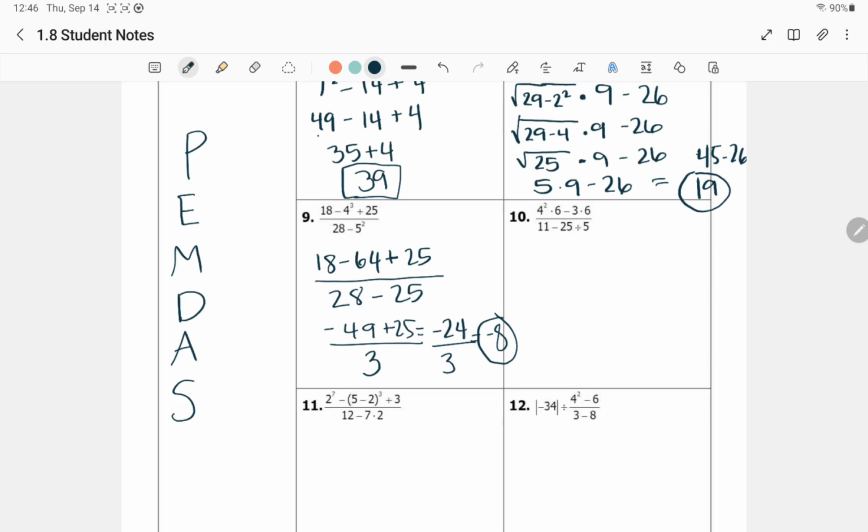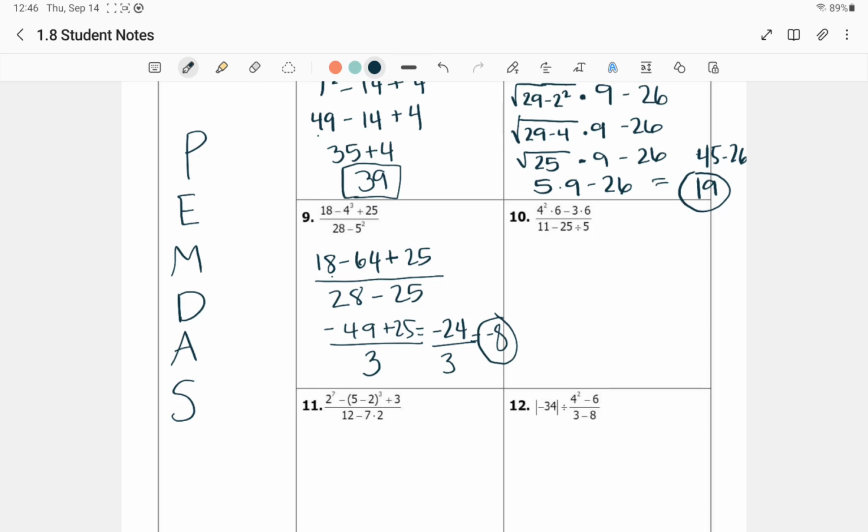I feel like I'm not subtracting that well. It's 64. 18 minus 64. I feel like my number's wrong. And I feel like I know that my number's wrong. Bear with me. 64 minus 18.